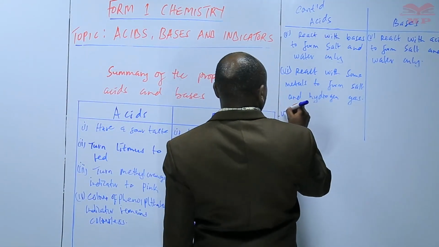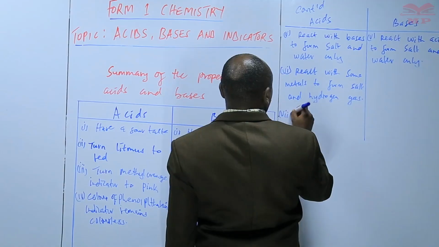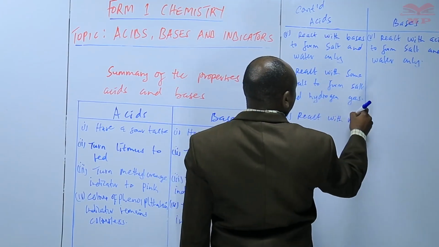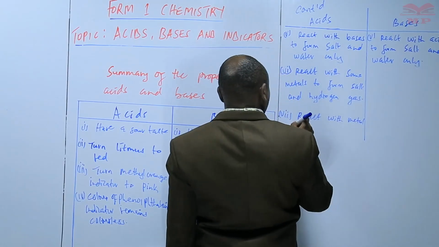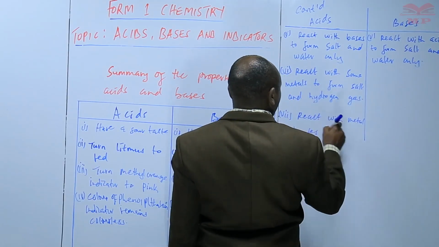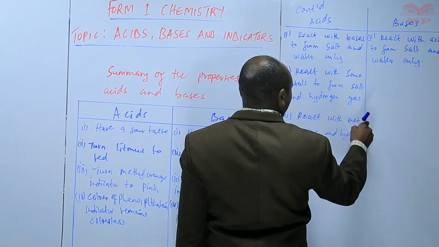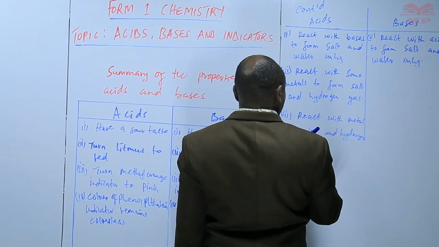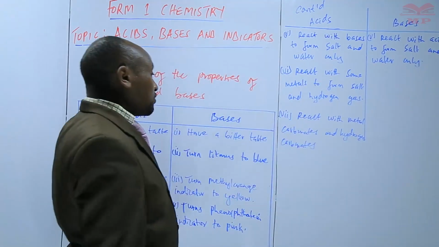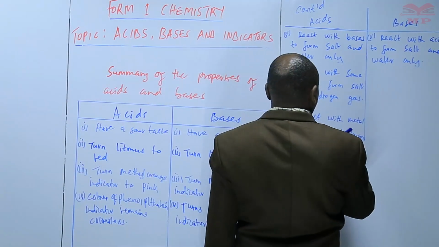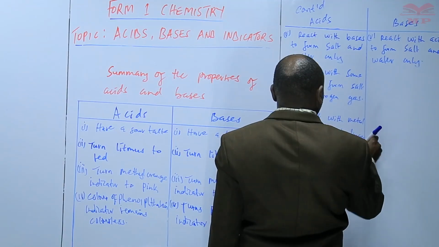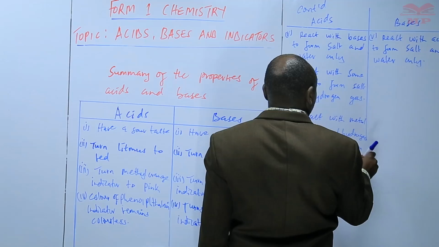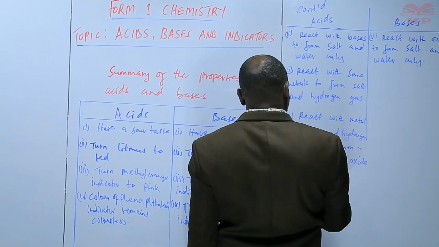And next, number 7, the acids react with metal carbonates and hydrogen carbonates to form a salt, carbon 4 oxide and water.